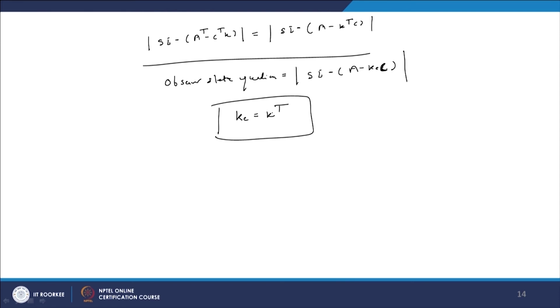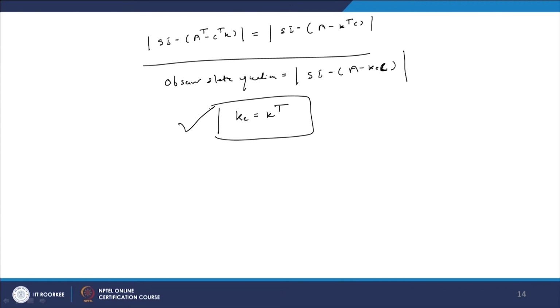So we have to determine K by the actual pole placement technique, and once we get K, we make it K transpose and we get the Ke matrix.